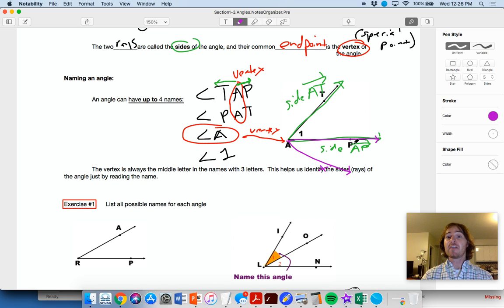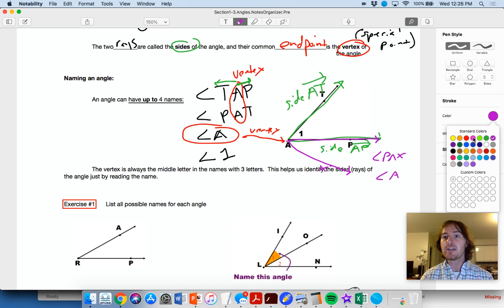If I drew another angle in this diagram, I could call this angle PAX. I could name it that, but I can't name it angle A. Why can't I name that angle A? Because I would have more than one angle using this as a vertex, okay?